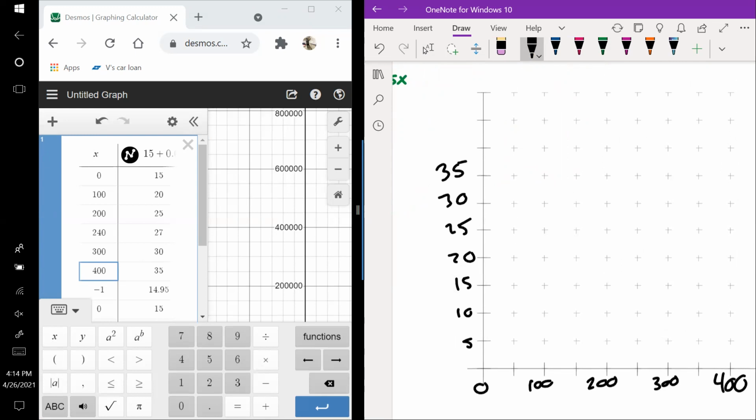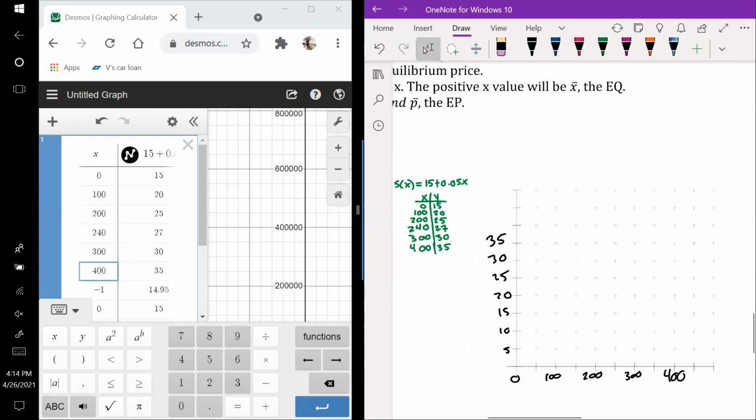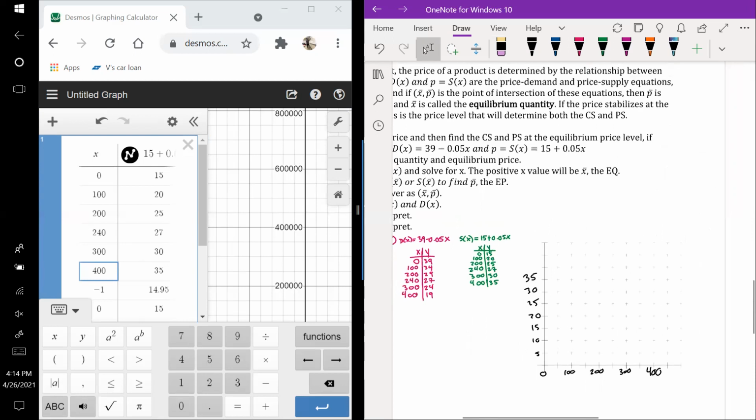That's the highest I go. Now let's graph d of x, which I put in red. 0 and 39, actually went up to 40, so that's going to be up here. And then 100, 34, right below 35.